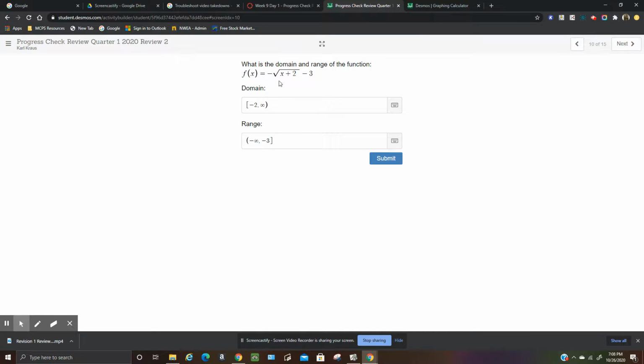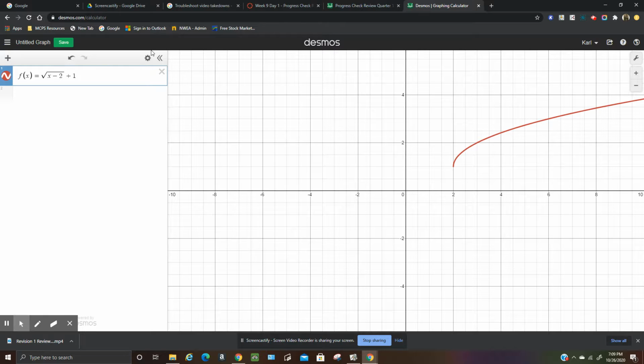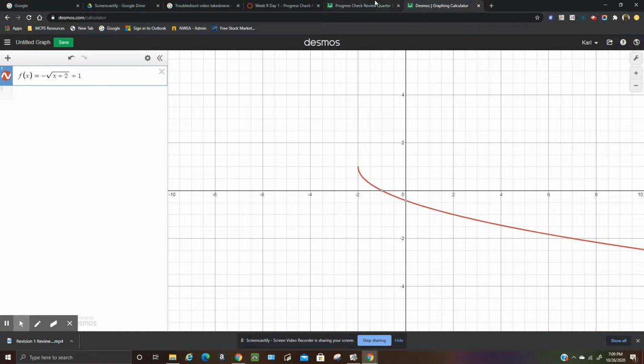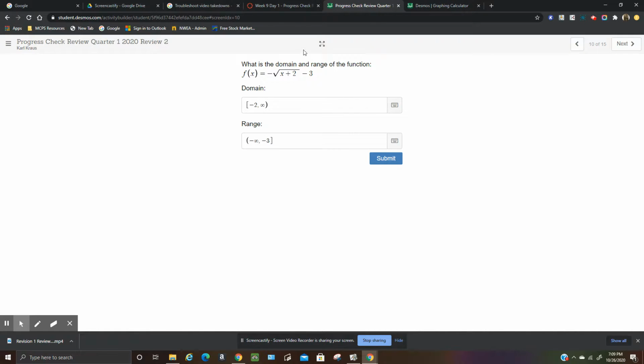And this one we also did in class, so negative of the square root of x plus 2. So I'll make this a negative square root of x plus 2, minus 3.